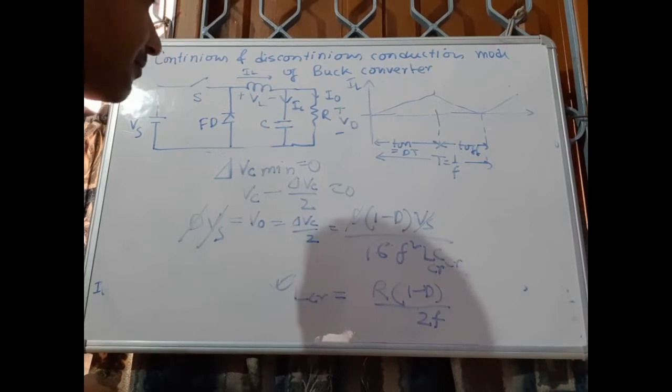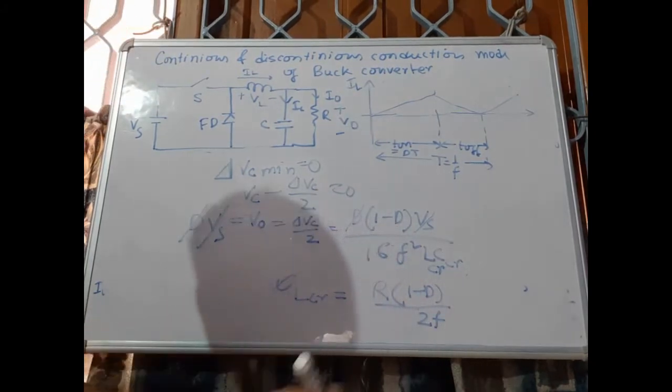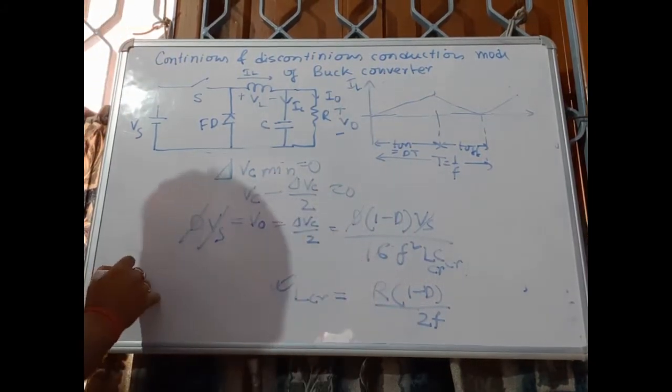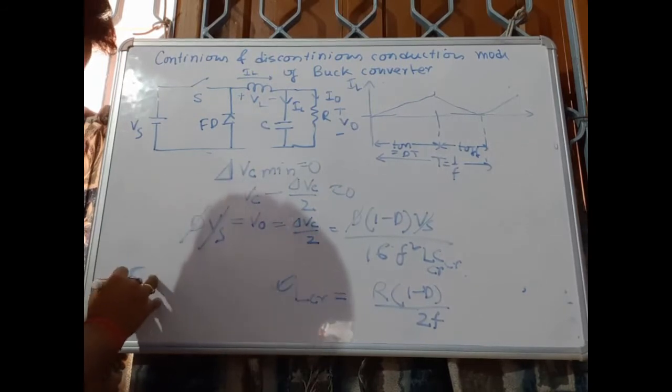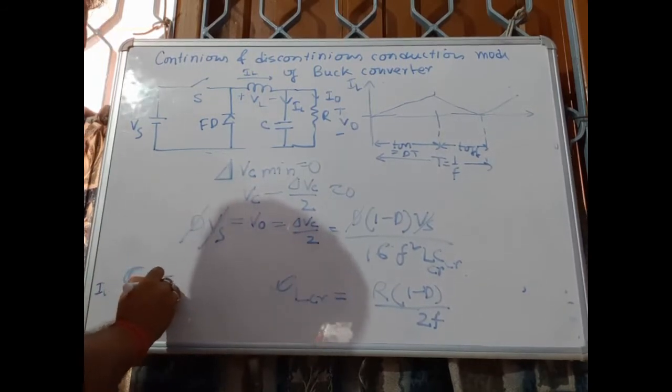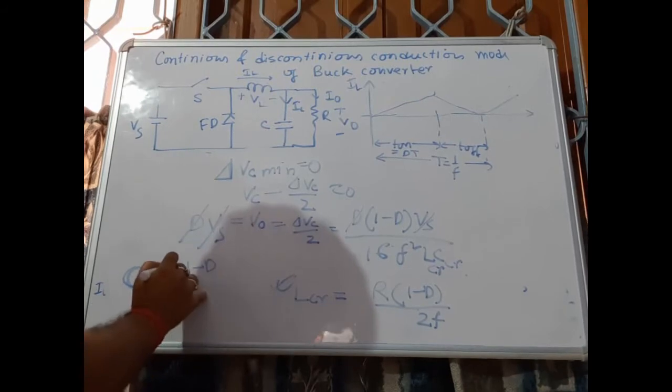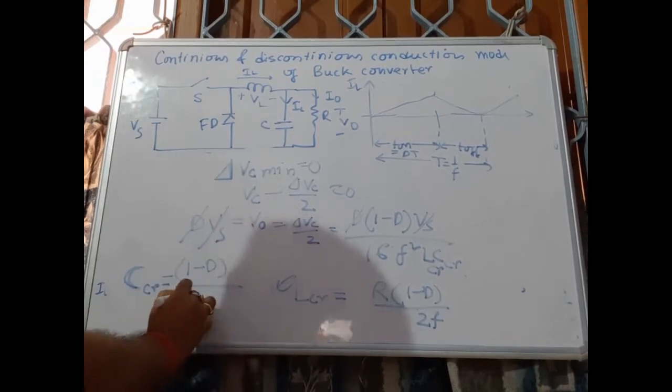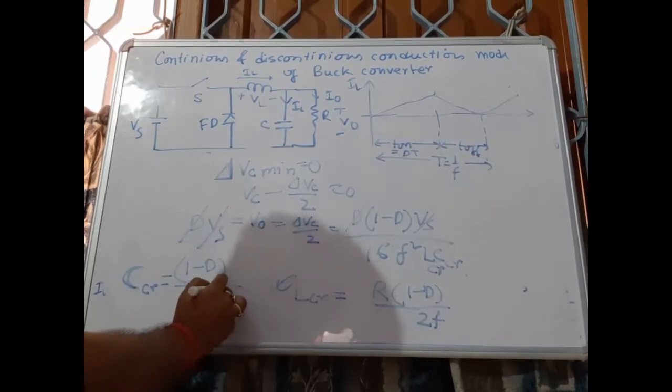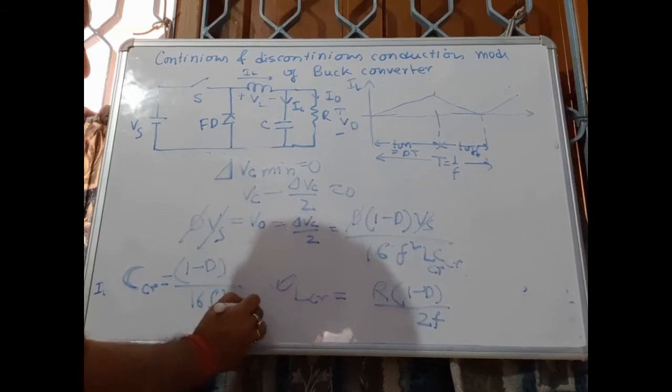So we have CR is equal to 1 minus D divided by 16 F square LCR, right?